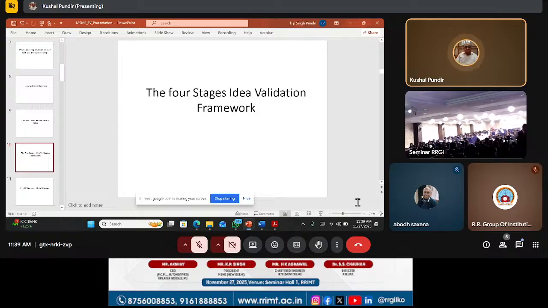Now, there are 4 stages of idea validation, as we already told you that validation needs to be done. Every business idea must pass 4 validations of different types. First, as I told you, problem validation: is the problem real and painful? You need to understand whether the business you are starting will be able to solve the real and painful problems of the customers for whom you are making this product.